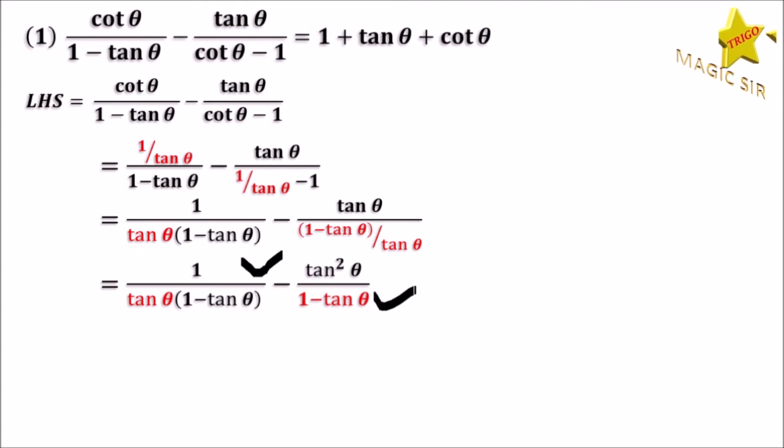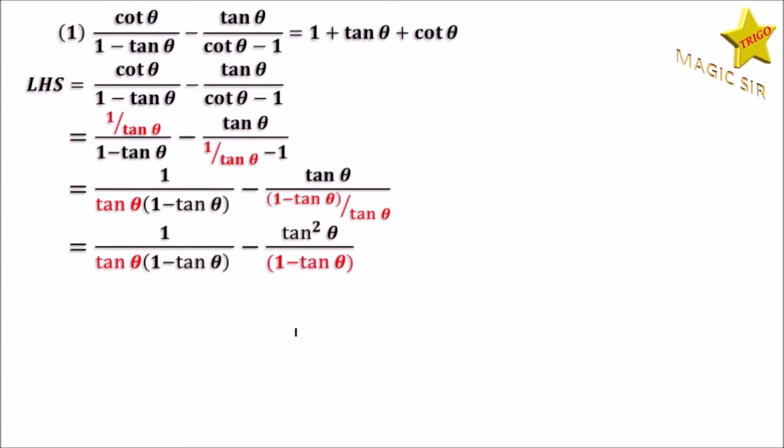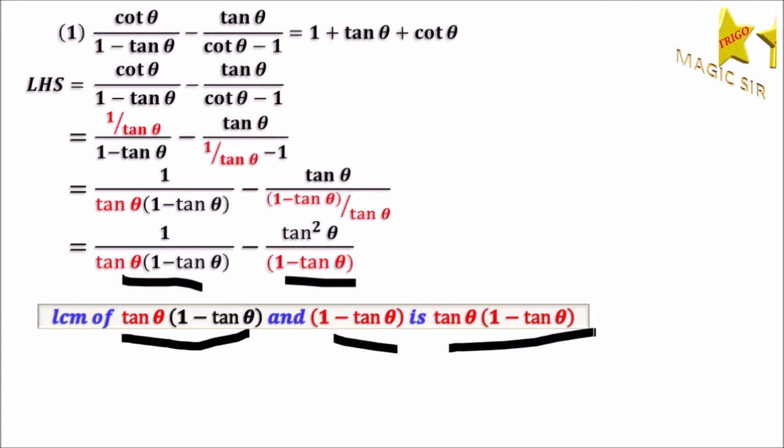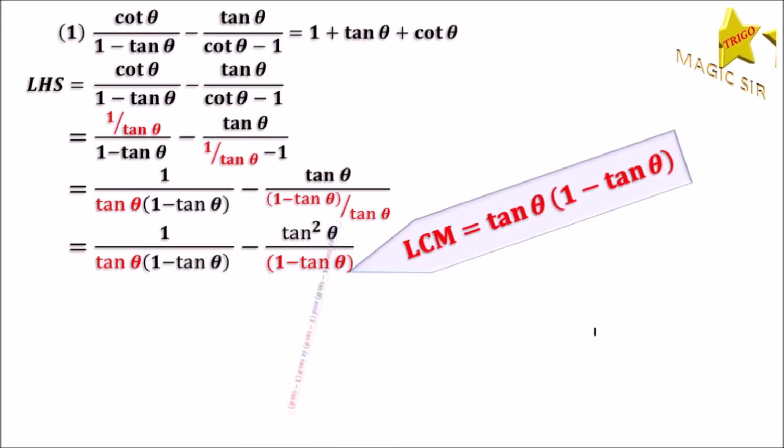Friends, how can we subtract two fractions with unlike denominators? Let us find the LCM. LCM of tan theta into 1 minus tan theta and 1 minus tan theta is tan theta into 1 minus tan theta. That is, LCM equal to tan theta into 1 minus tan theta. A small adjustment is required to obtain the LCM.